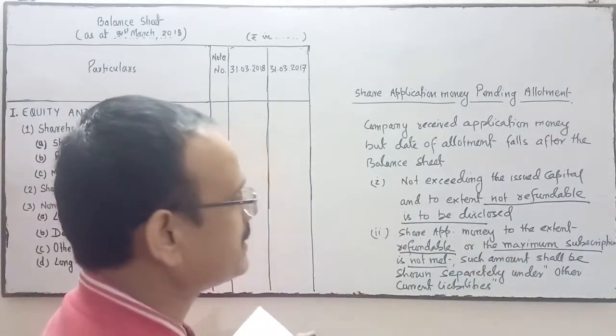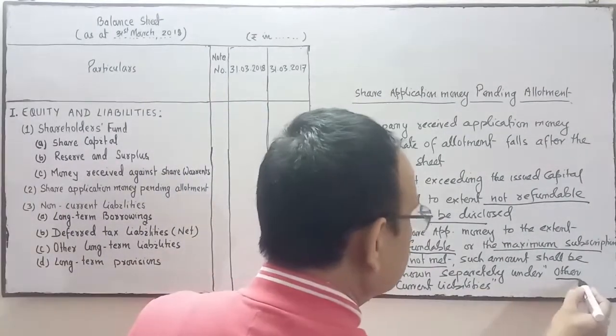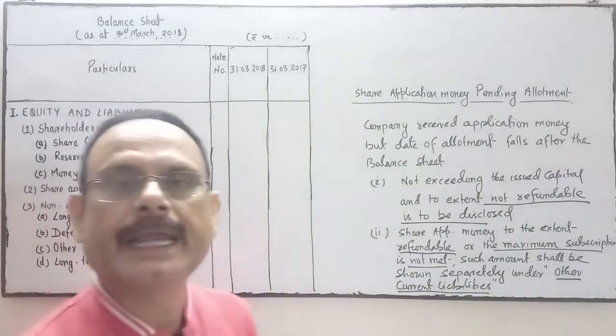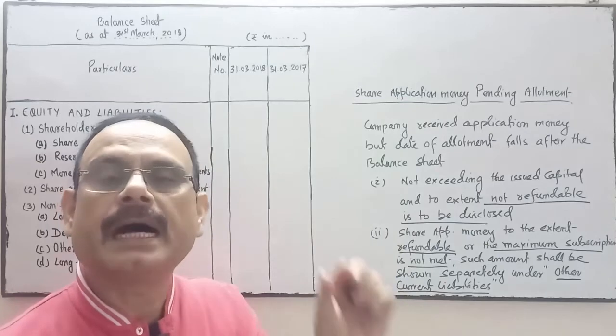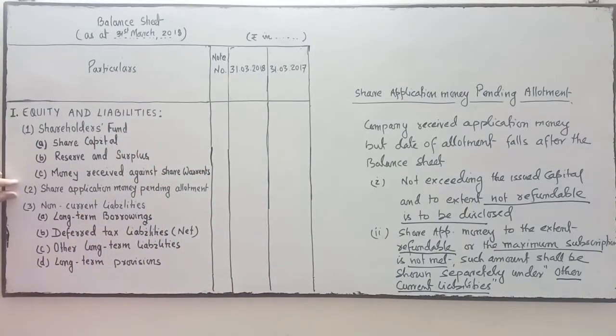Then in that case, such amount shall be shown separately under other current liabilities. Under the heading current liabilities, the last subheading is other current liability. Then this will not be shown over here.